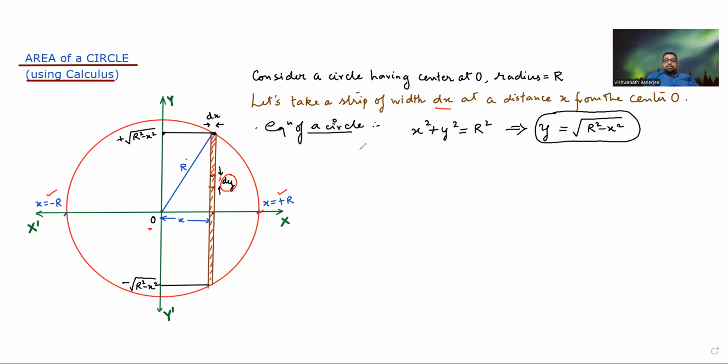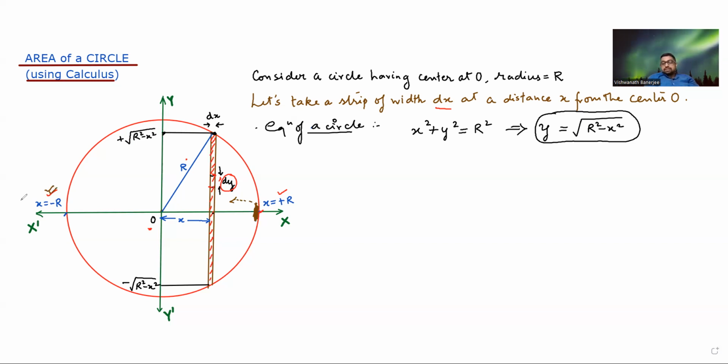And what will be the limits of x? If you think carefully, if you had chosen this strip at this point, right here, where I have just shaded, the value of x would have been plus r, and then proceeding towards the left-hand side, to cover the entire circle, x would have gone up to minus r.